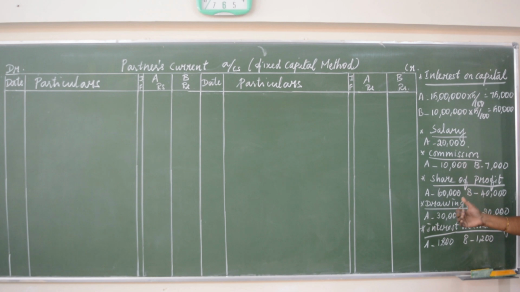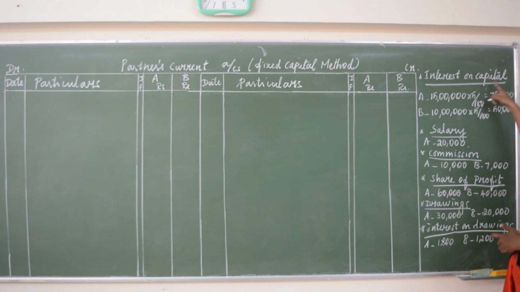We have not prepared P&L appropriation. It is calculated and given. So share of profit, how much for A? 60,000. How much for B? 40,000. Next one is what? Drawings. For A, 30,000 is given. For B, 20,000 is given. Next one is interest on drawings. For A, 1,800. For B, 1,200.